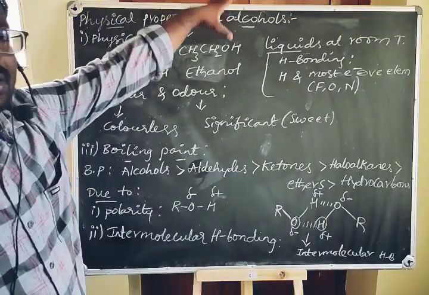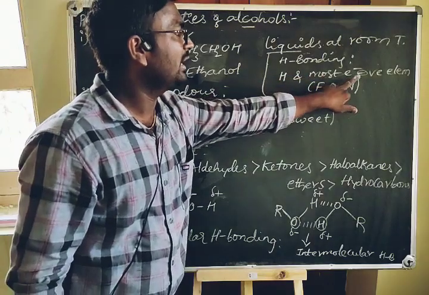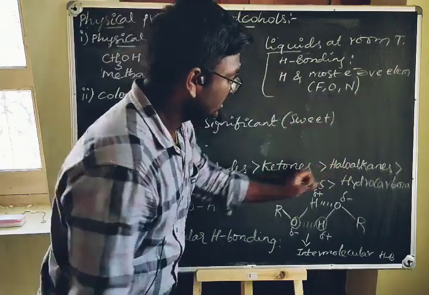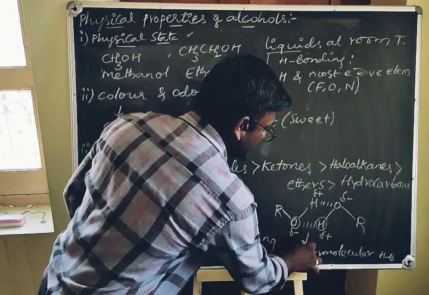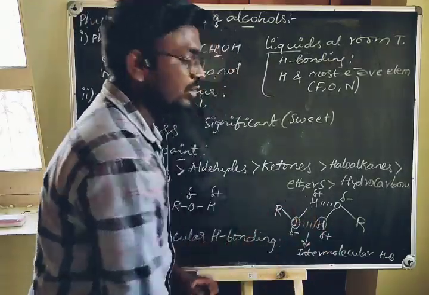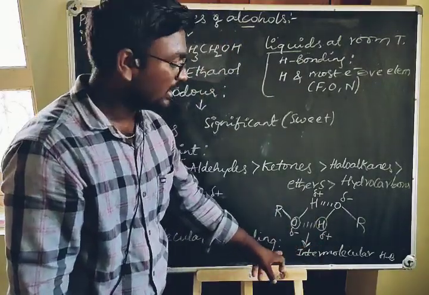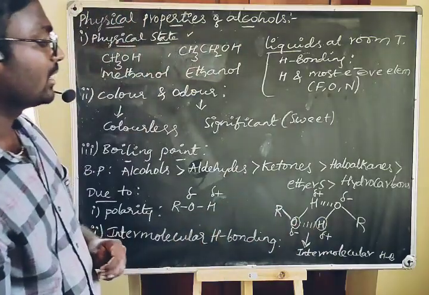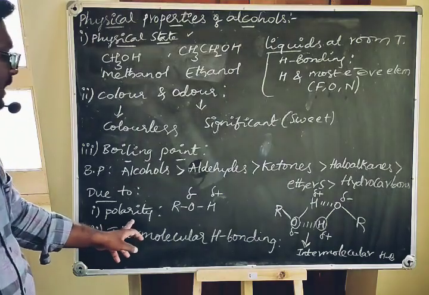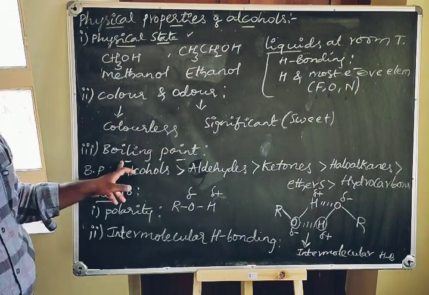When there is a force of attraction between hydrogen and the most electronegative elements like fluorine, oxygen and nitrogen, such force of attraction is said to be hydrogen bonding. And here, between the alcohol molecules, there is such bonding, hence it is intermolecular hydrogen bonding. Due to these two reasons, polarity and intermolecular hydrogen bonding, the boiling point of the alcohols is high.